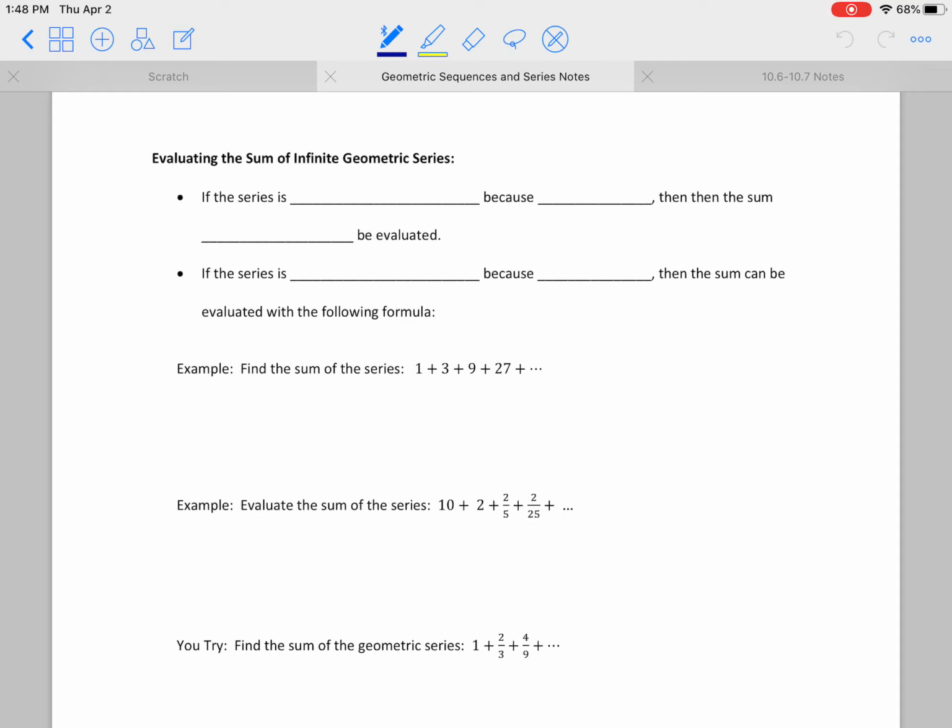So if it's an infinite series, if it is divergent, remember what I wanted the blank here.